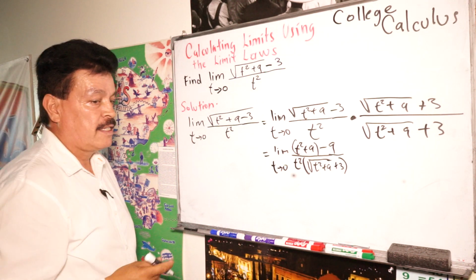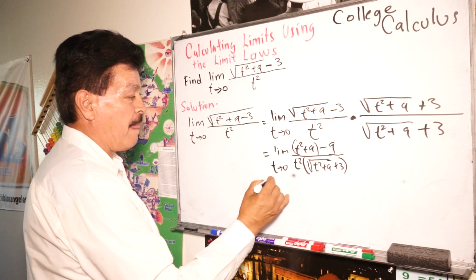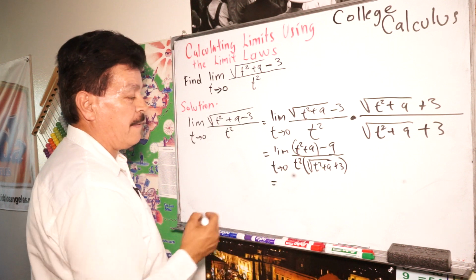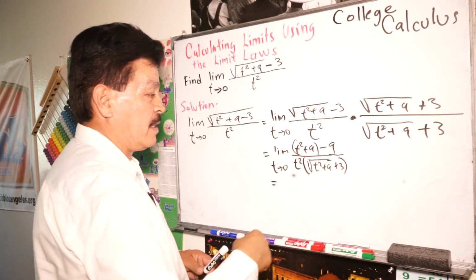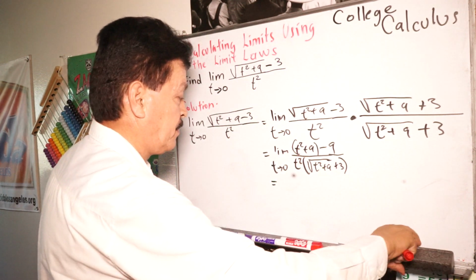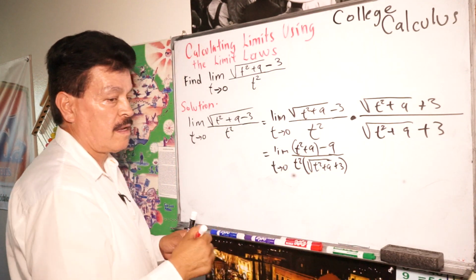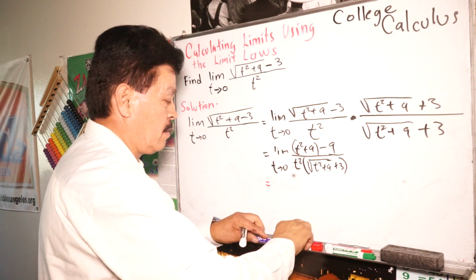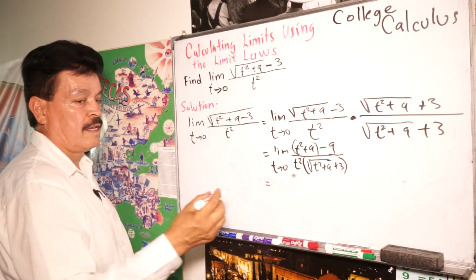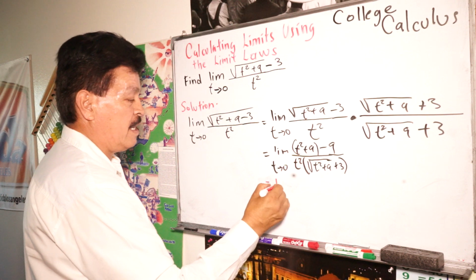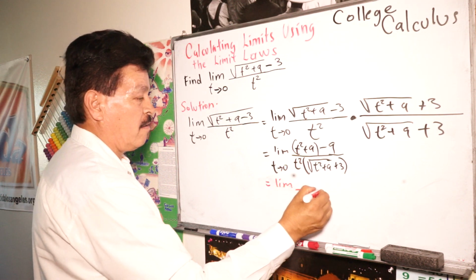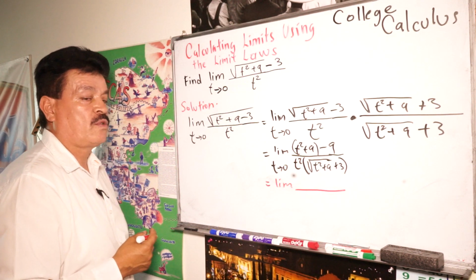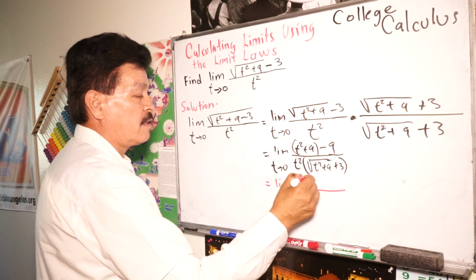Okay, so now this will equal, let me write in another color here, the limit again of t squared.